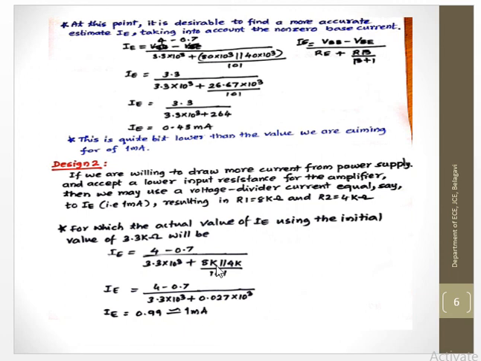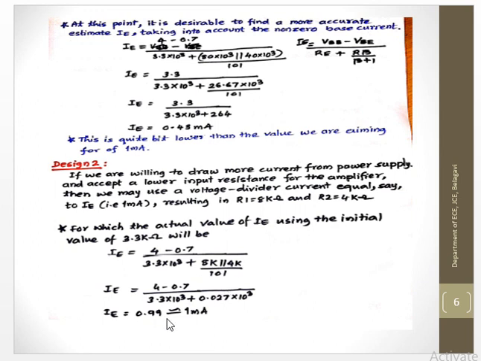Now with the new values, 8 kilo ohm and 4 kilo ohm, the input resistance of the transistor will be reduced. If you are okay with your design to set the output current at 1 milliampere, you can see that if you substitute values, retaining VBB 4, VBE 0.7, RE value 3.3 kilo ohm as calculated, only the R1 and R2 values are changed. Instead of 80 kilo ohm and 40 kilo ohm, here we use 8 kilo ohm and 4 kilo ohm.